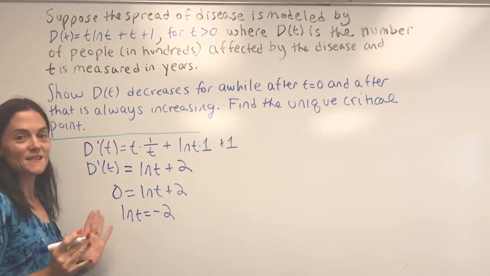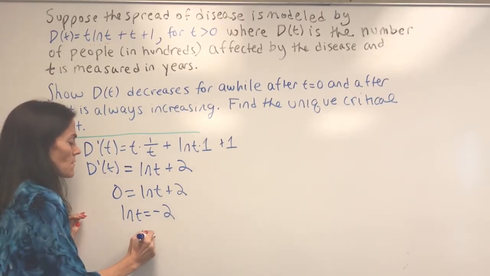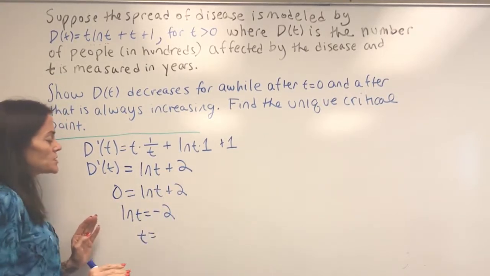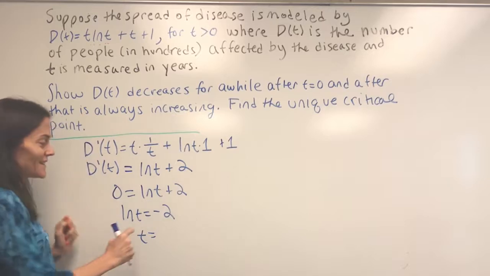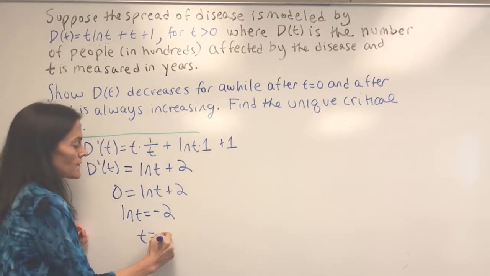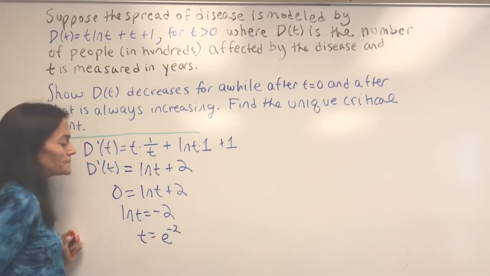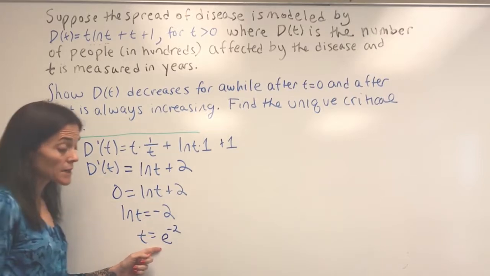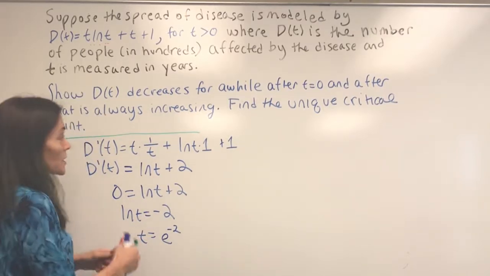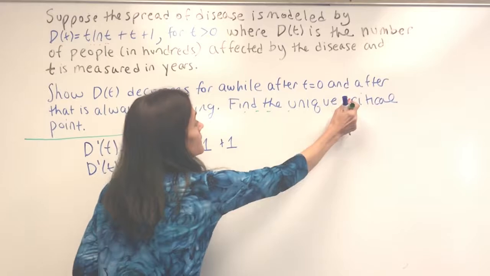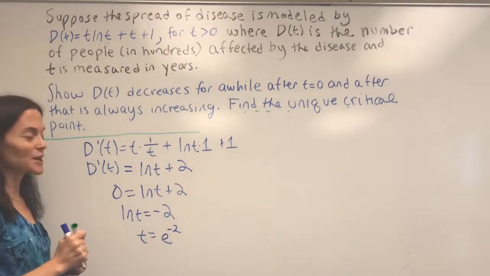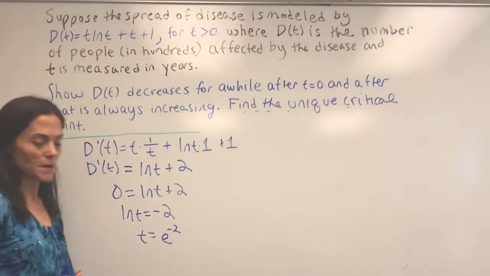We know because of inverse functions, we could raise both sides to e to the power, and this would give us t, and this would give us e to the minus 2. And so this is our one critical point. So in a way, this part, find the unique critical point, we have. Okay, this is the one critical point.